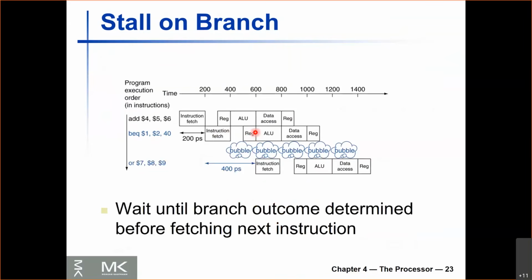By the end of the instruction decode stage, I know the result of the branch, and now I can go ahead and fetch the next instruction. So every time I have a branch, I'm going to need a stall before I can fetch the next instruction. Clear?